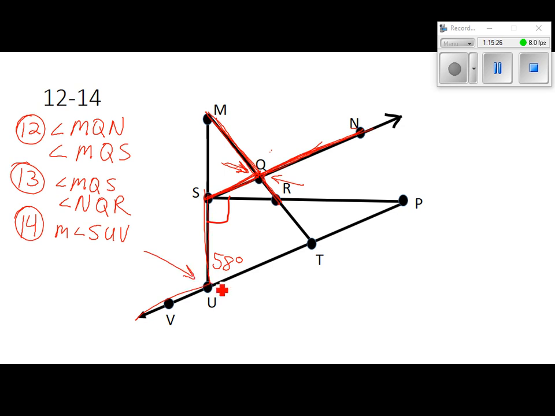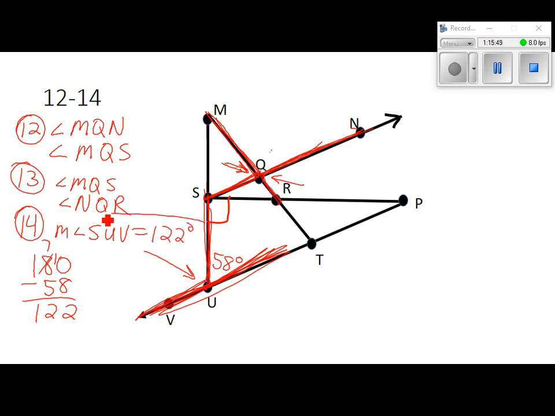Well, these two angles together make a straight angle. So they're a linear pair. So they've got to add up to 180. So to find the SUV, I just take 180 minus 58. And that leaves me with 122 degrees. So that's the answer to 14.